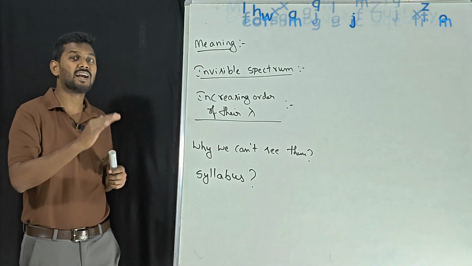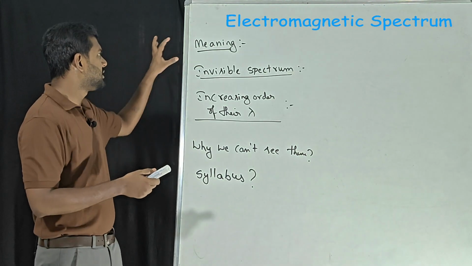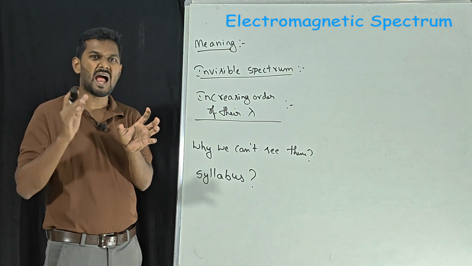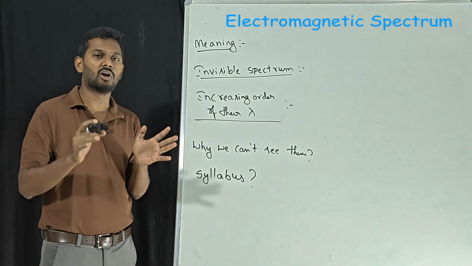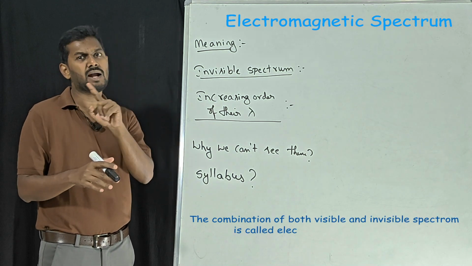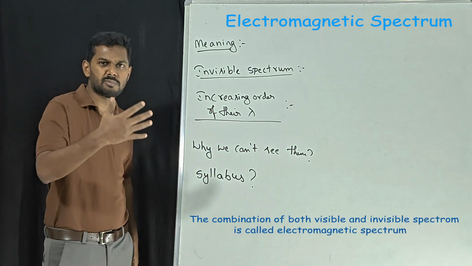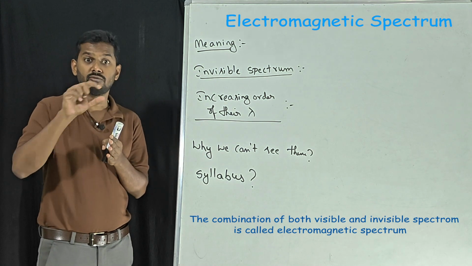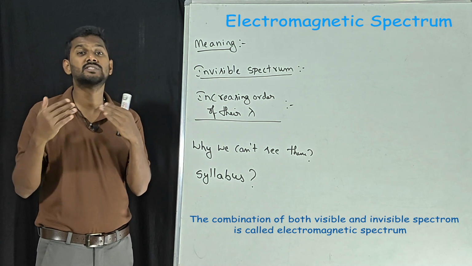Now we'll talk about electromagnetic spectrum. See, the meaning is very simple. The combination of both visible and invisible spectrum is called electromagnetic spectrum. Visible, which we can see, from red to violet, correct? VIBGYOR, the colors which we can see.